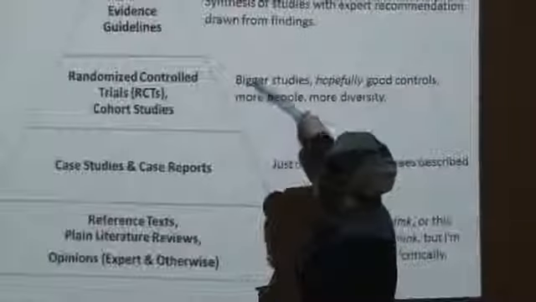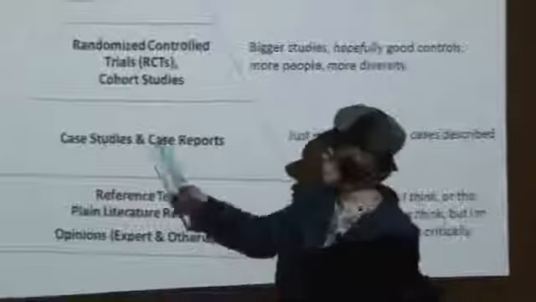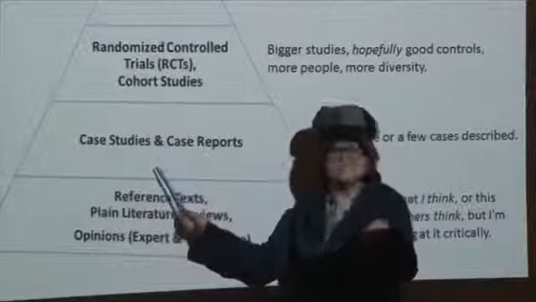Randomized control trials, cohort studies, those bigger studies with hopefully good controls, more people, which would hopefully give you more diversity. Because down here, you got your case report, and each individual human being is very individual and different.